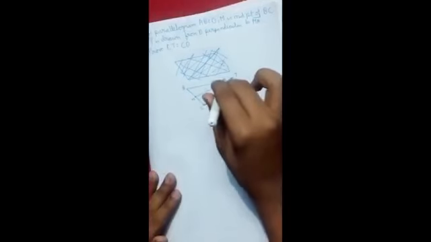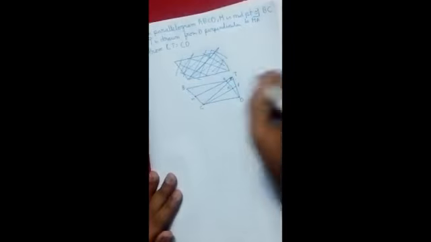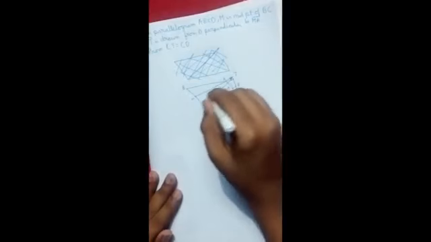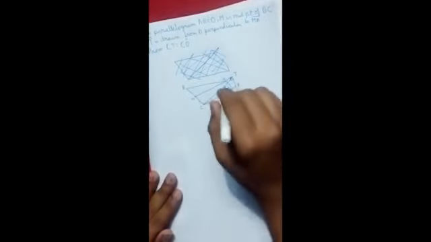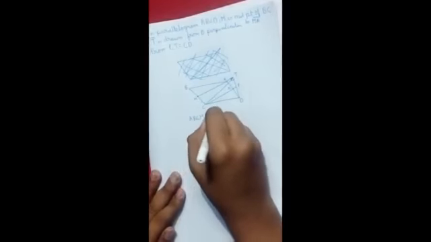Now see the quadrilateral ARCM. MC is parallel to AR and it is also equal to AR. This property holds if and only if ARCM is a parallelogram. Hence I can write ARCM is a parallelogram.